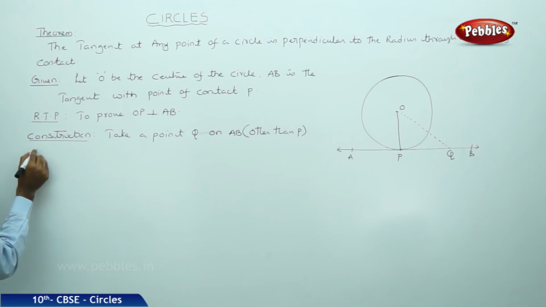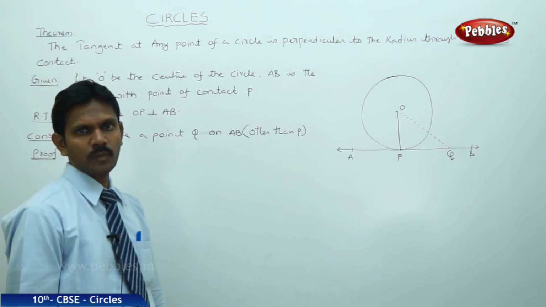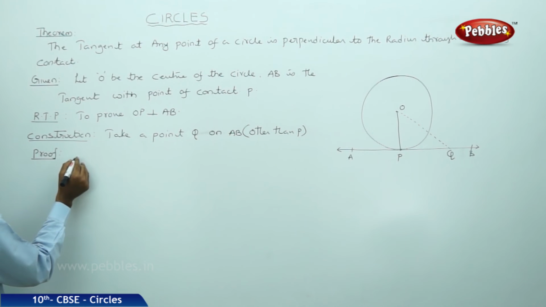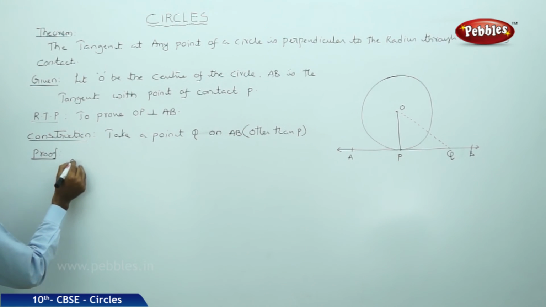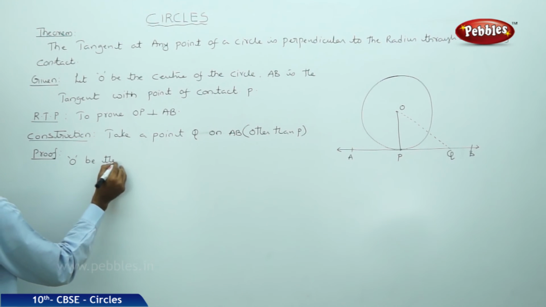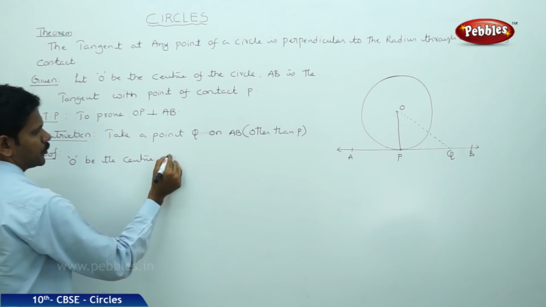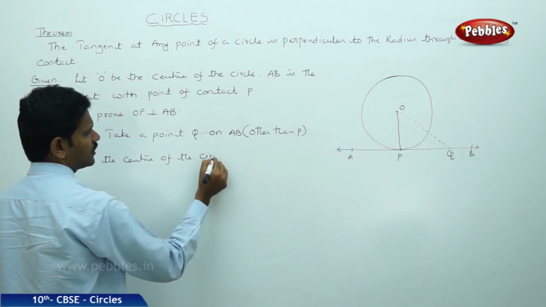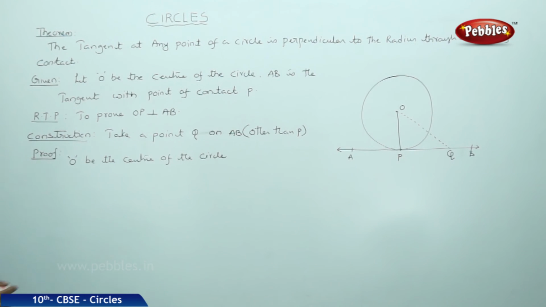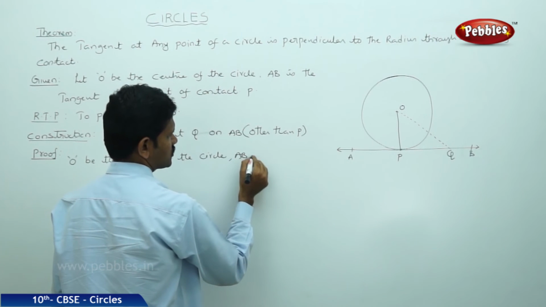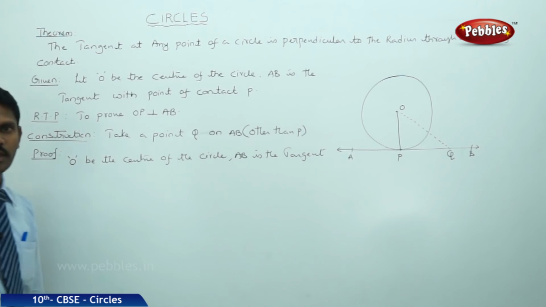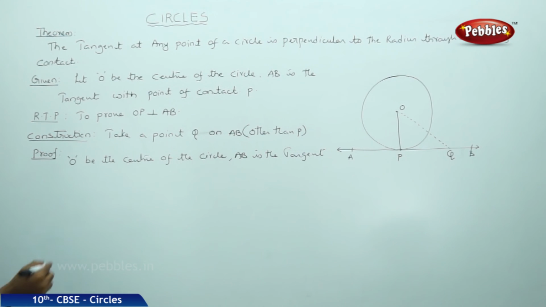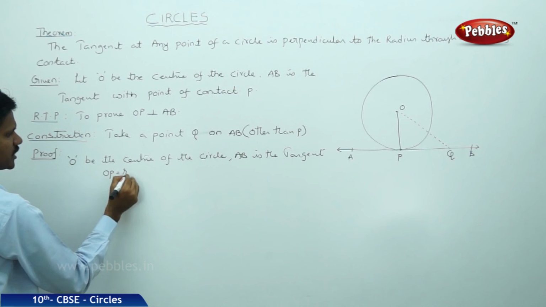Now proof. O is the center of the circle, AB is the tangent, that is, OP is equal to the radius.